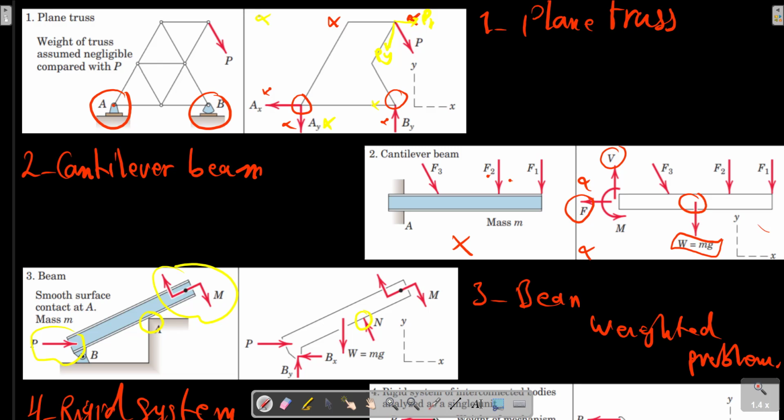Similar comments apply to calculated force magnitudes which are negative. Such a result indicates that the actual sense is the opposite of the assumed sense.